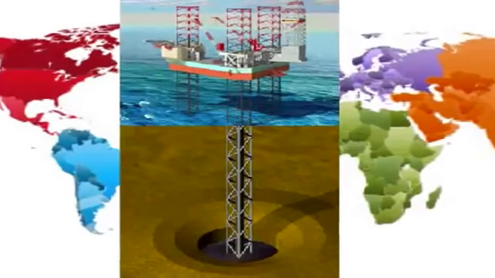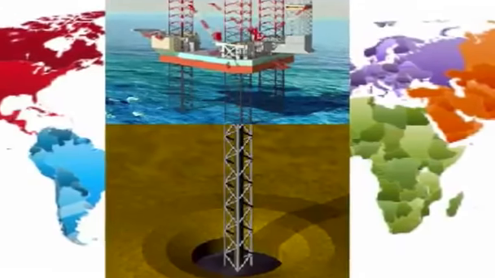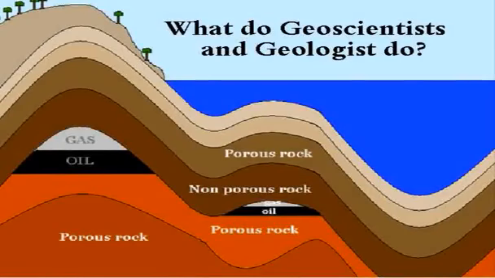Let's go back to the question I asked a few minutes ago. How do we pinpoint the exact location that will maximize our chances of finding producible oil? To help understand the process of pinpointing an exact location to drill, let's examine what geoscientists and geologists do.